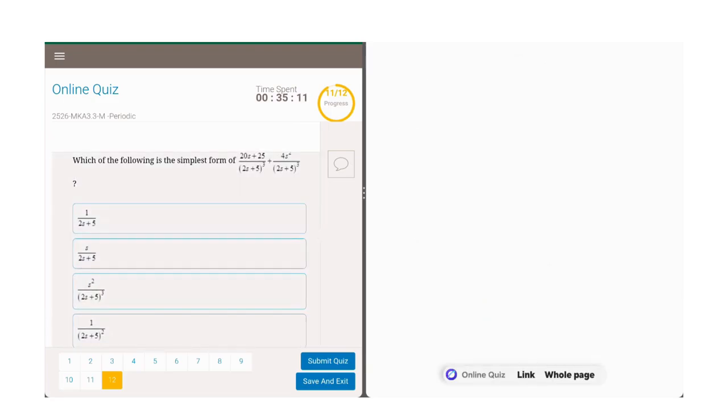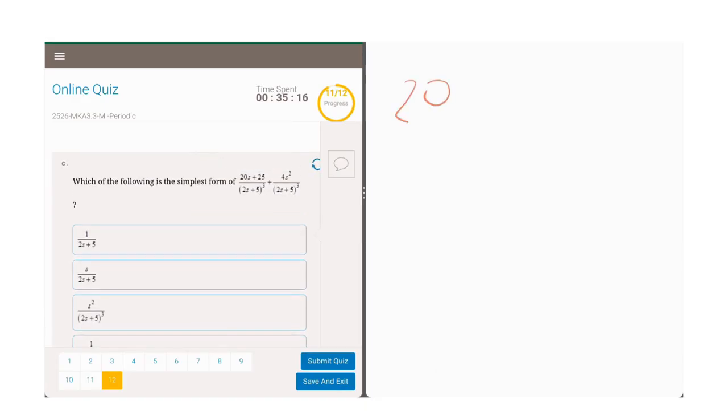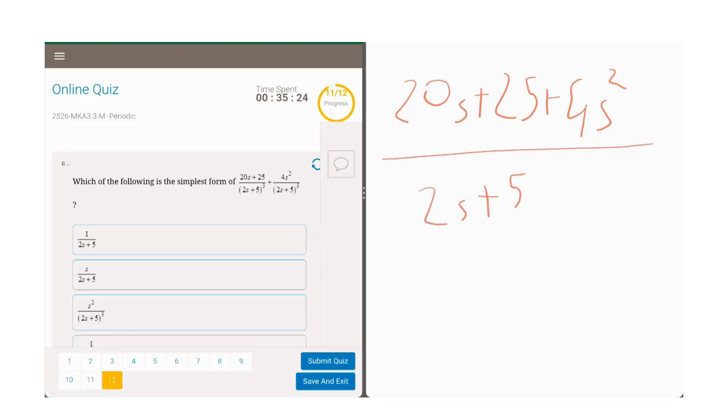So now I have the same denominator again. Here you have 20s plus 25 plus 4s squared all over 2s plus 5 cubed. Now we need to rewrite the numerator in standard form, which means highest variable power first.